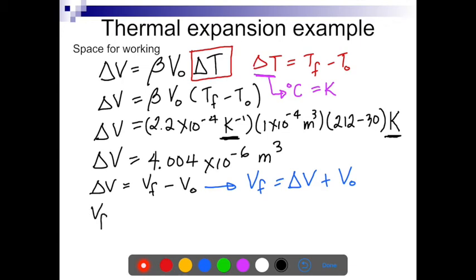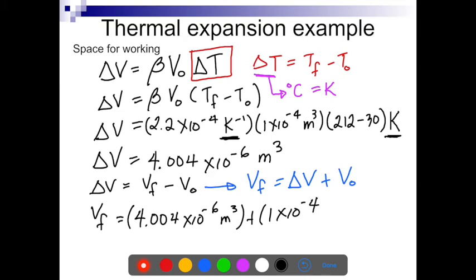Okay, so the final volume will now be 4.004 times 10 to the minus 6 cubic meters plus 1 times 10 to the minus 4 cubic meters, and that is equal to 1.04 times 10 to the minus 4 cubic meters.